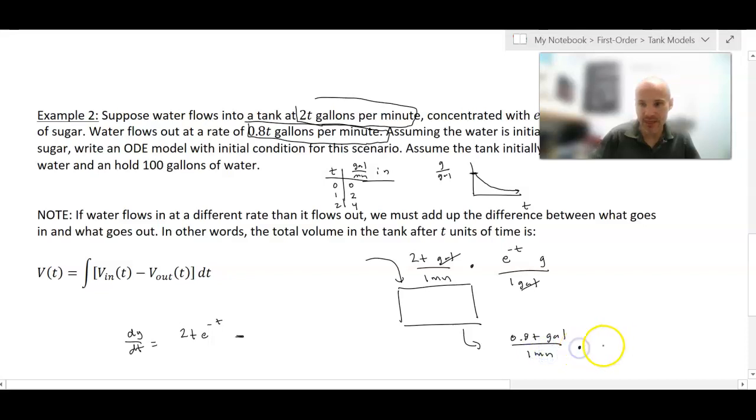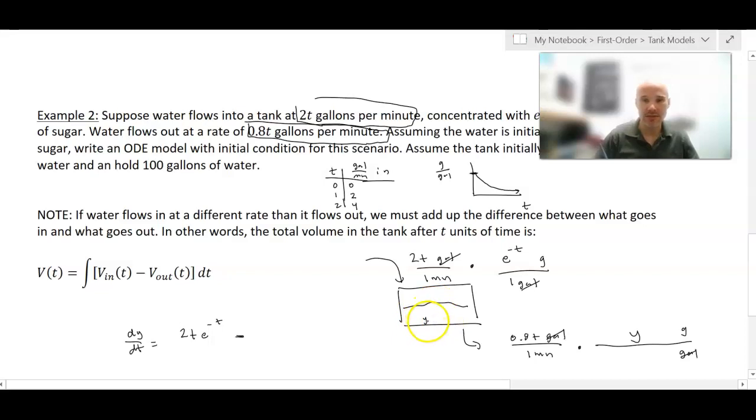But now what I need to do is multiply by the concentration in grams over gallons. That way I get grams per minute minus grams per minute in my dy/dt. Well, again, what's inside of here is once again our variable. Same definition as above. At any given moment inside of here, we have y grams.